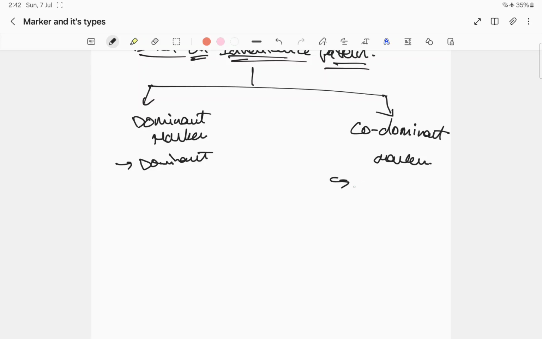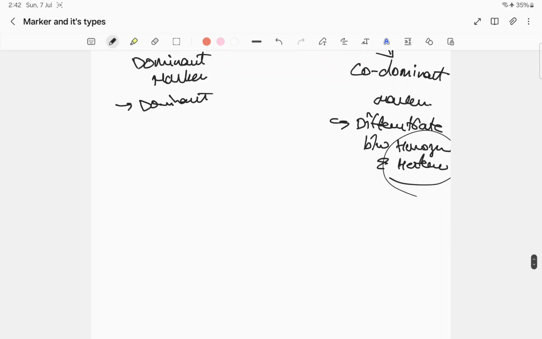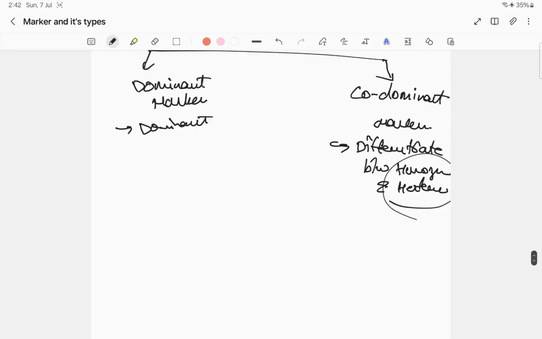Here we can easily differentiate between homozygous and heterozygous. In previous videos, I have clearly explained homozygous and heterozygous, homogeneous and heterogeneous, these four terms. You can take a look from there if you have any doubt, right?